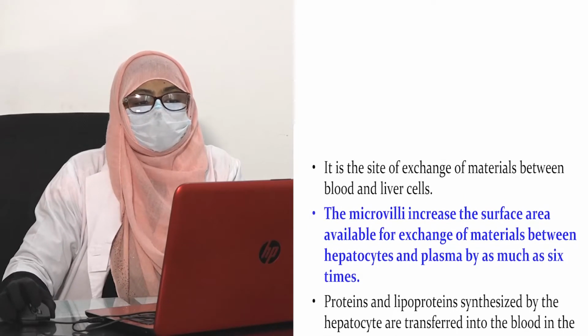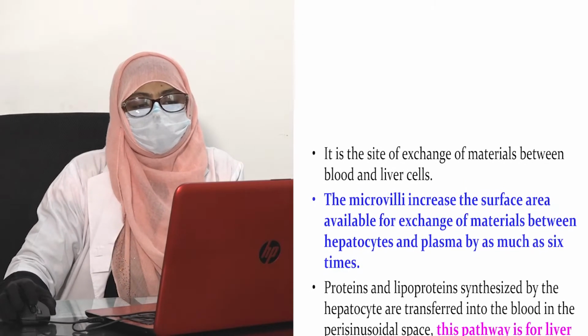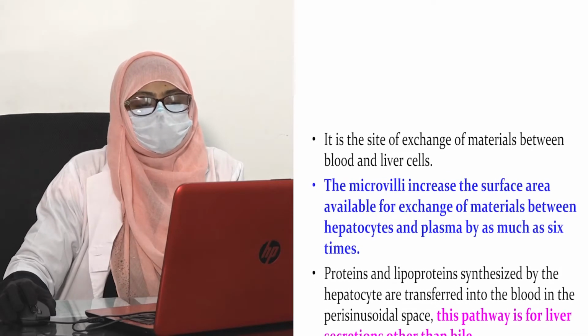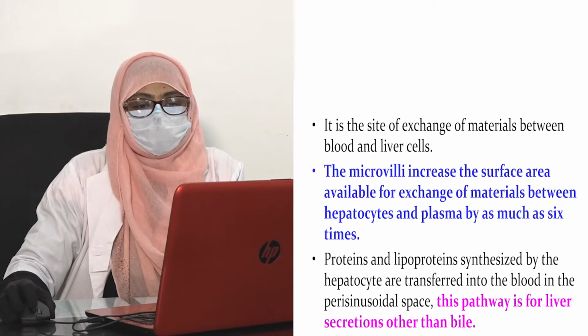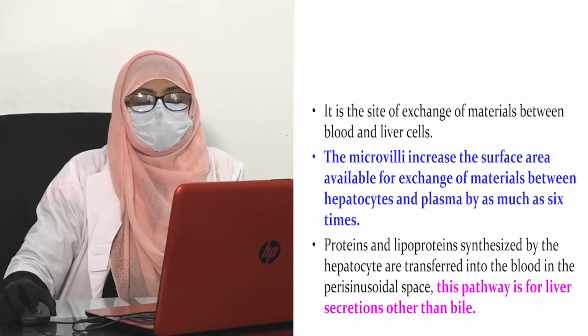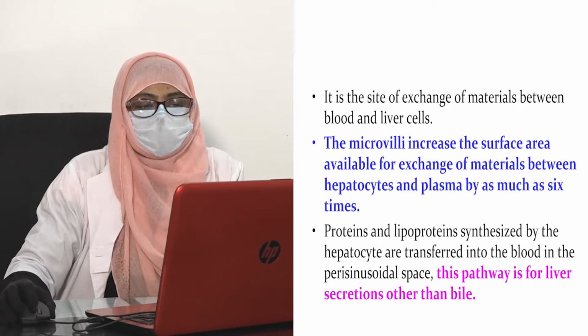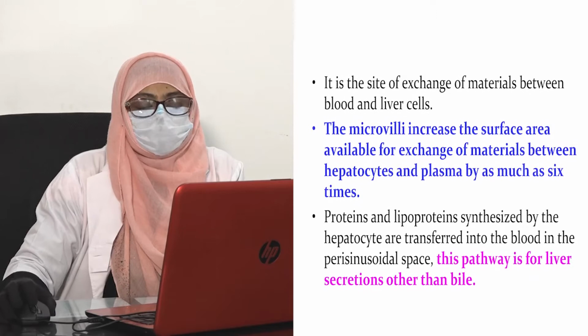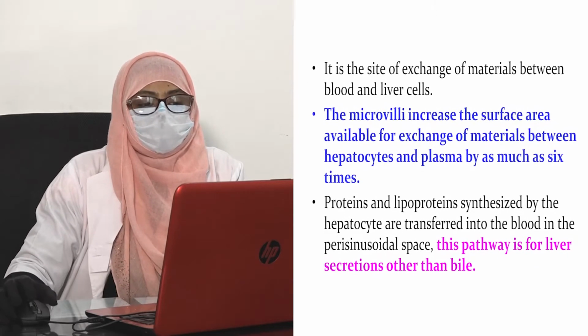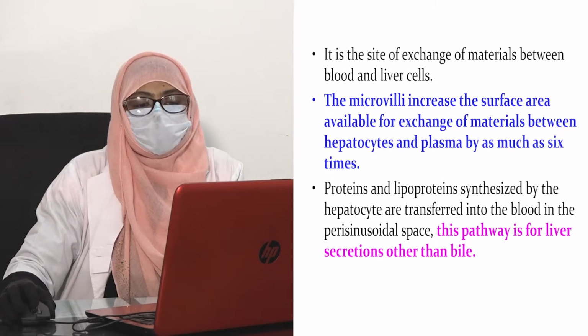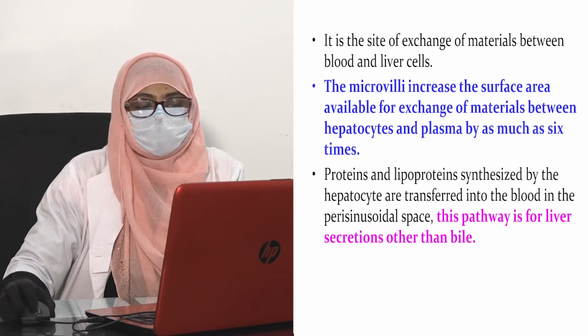Microvilli increase the surface area available for exchange of material between hepatocytes and the plasma by as much as 6 times. Protein and lipoprotein synthesized by the hepatocyte are transferred into the blood in the perisinusoidal space. This pathway is for liver secretion other than bile.